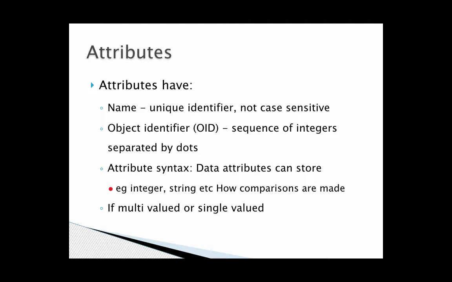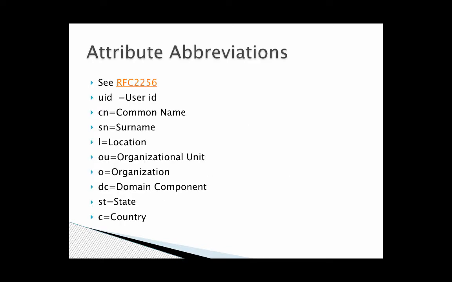And we can actually say what they're storing, integer, strings, etc. All of the attribute abbreviations are available here. Some of them are listed underneath: UID, user ID, CN as common name, SN as surname, L location, organisational unit OU, organisation is O, DC is domain component, ST state, C is country.